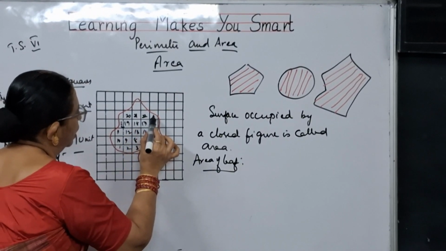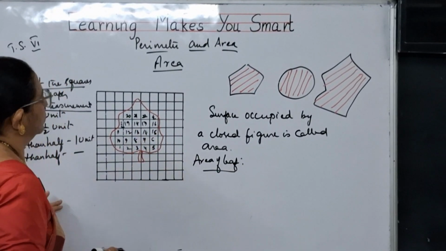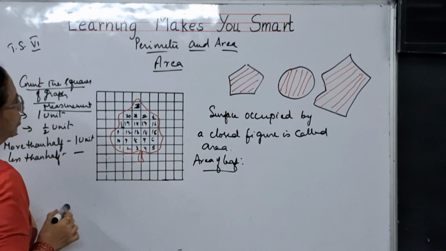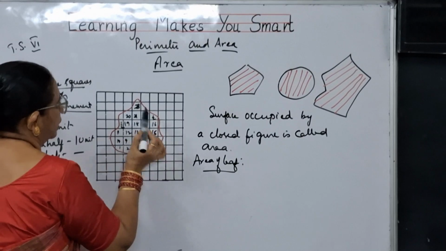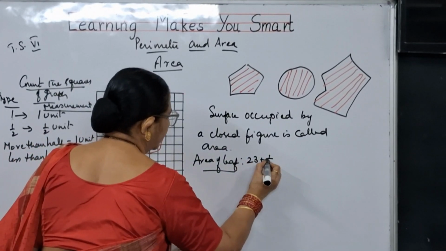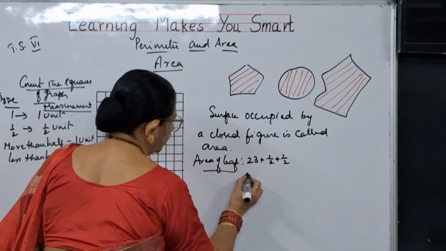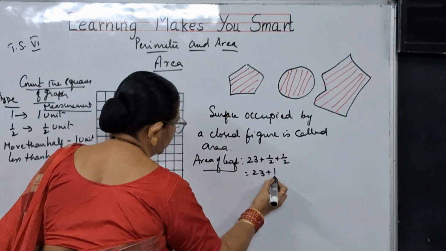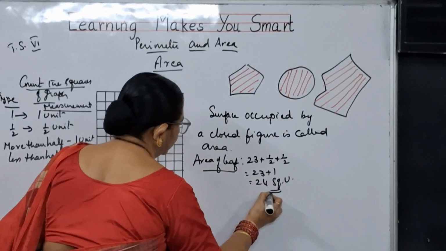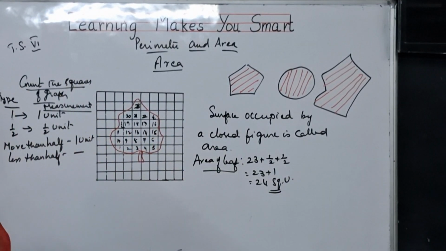This is also half. Okay. Then 23. 23 plus half here. What have you got? 23 full ones plus half. That means 23 plus 1, that is 24 square units, is the area of the leaf.